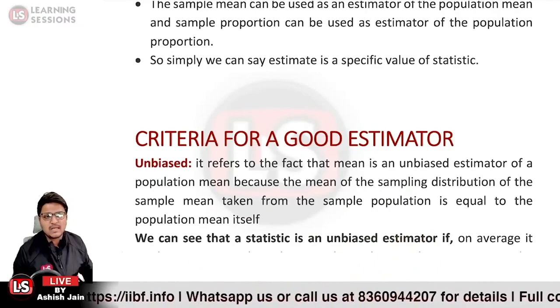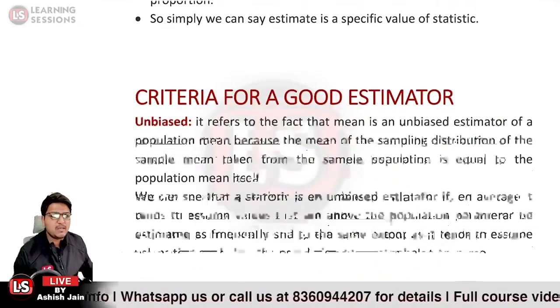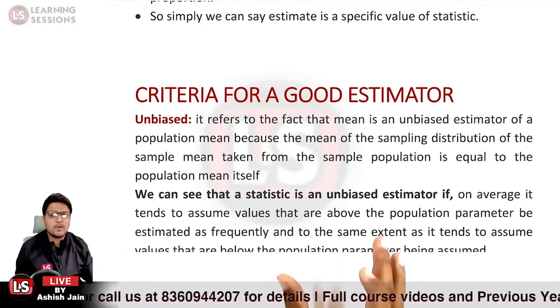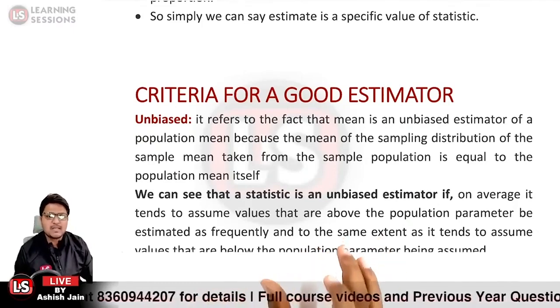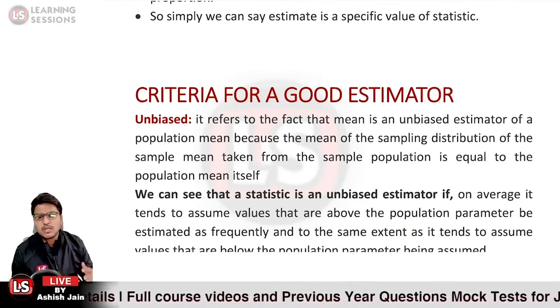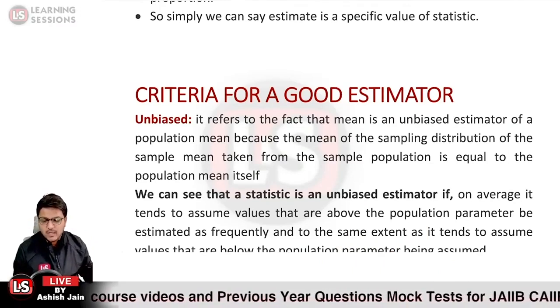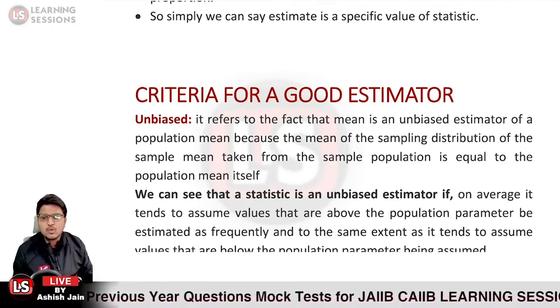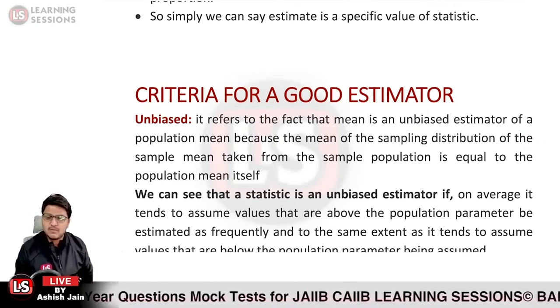We can say that a statistic is an unbiased estimator if on average it tends to assume values that are above the population parameter being estimated as frequently as below. So whatever values were estimated tend to be in the same way.